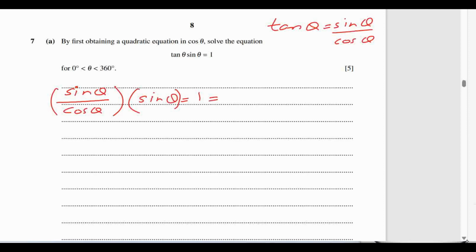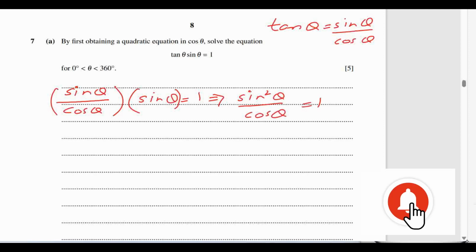So this will be sin square theta divided by cos theta is equal to 1.